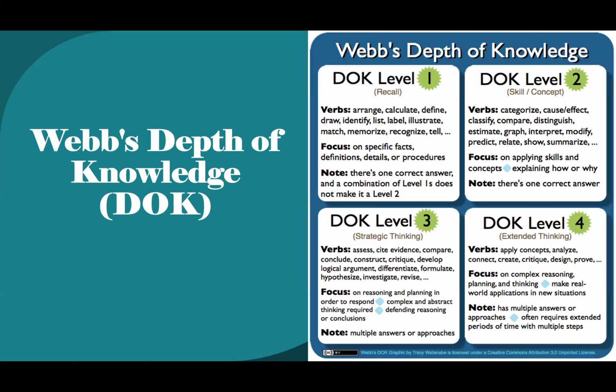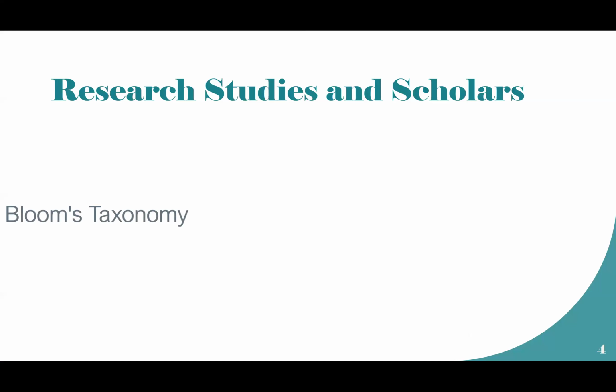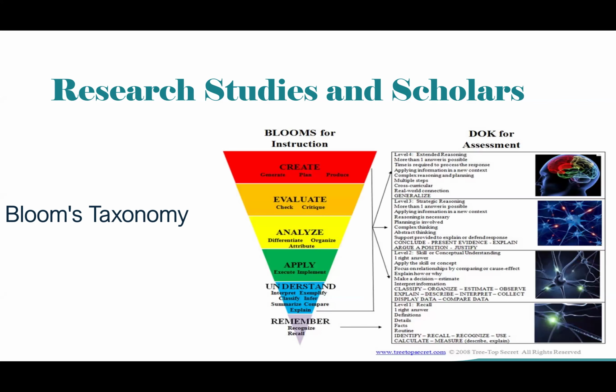Let's now try to see the link and connection between Webb's taxonomy and other taxonomies that were developed by other researchers. We will start with Bloom's taxonomy. Bloom's taxonomy, which was developed in the 1950s, categorized the cognitive learning objectives into a hierarchy ranging from lower order thinking skills such as remembering to higher order thinking skills such as evaluating and creating.